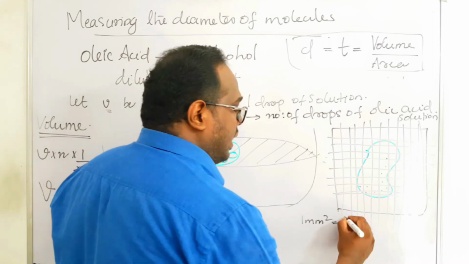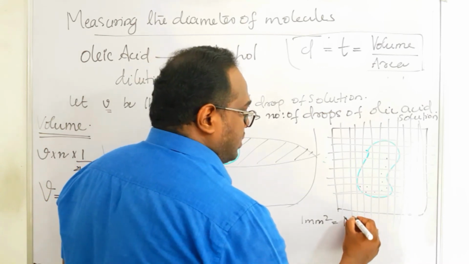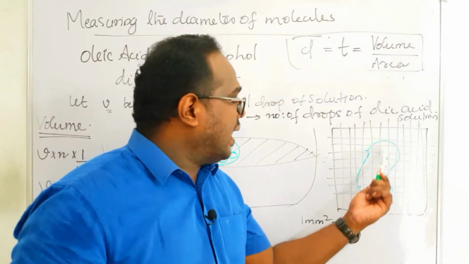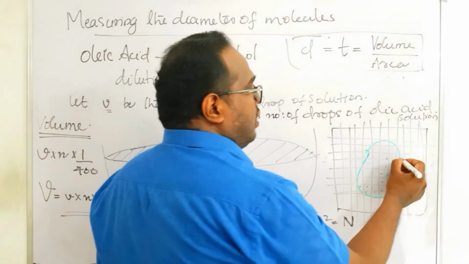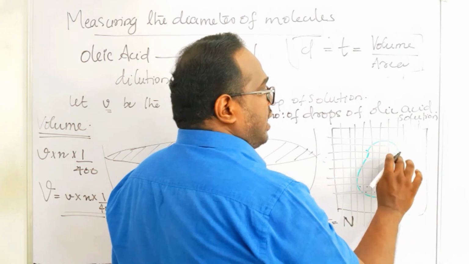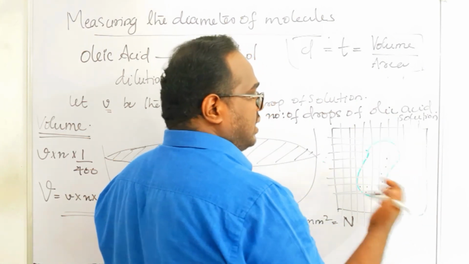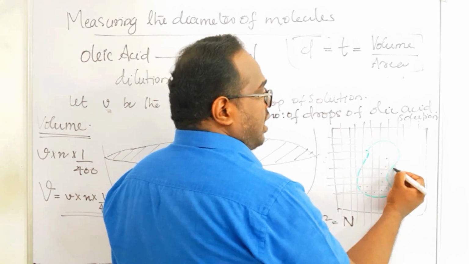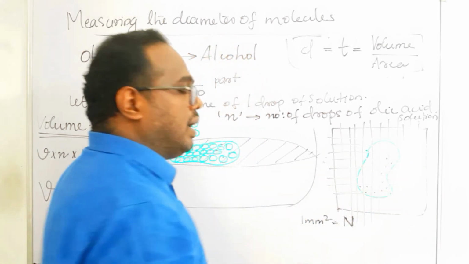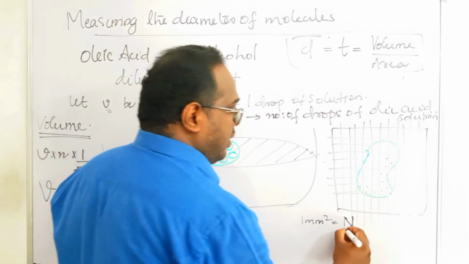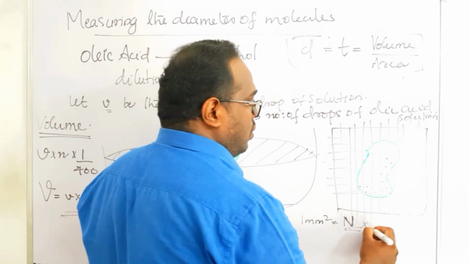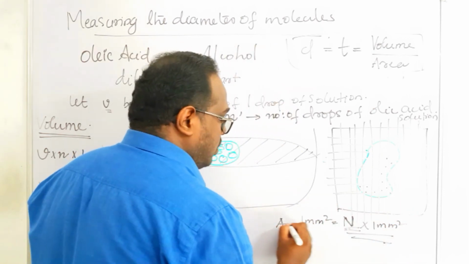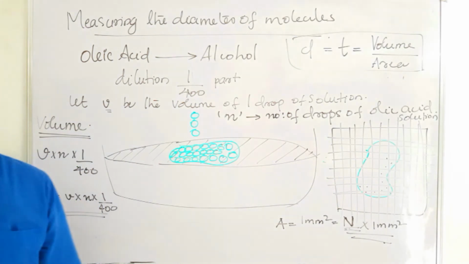Suppose the number of squares in the patch is equal to N. When you count, if a square contains more than half, you take it as 1. If it is less than half, look at this, only a part is in this line, you don't count that. Make a rule for that and you count it, and this N into 1 mm square will be the area. Now you got the area also.